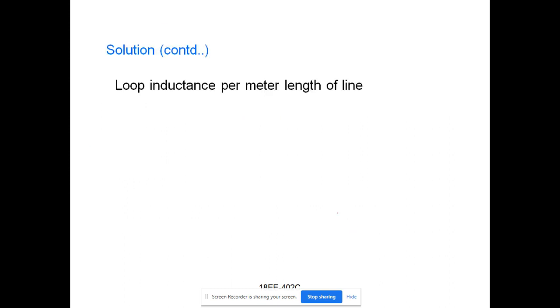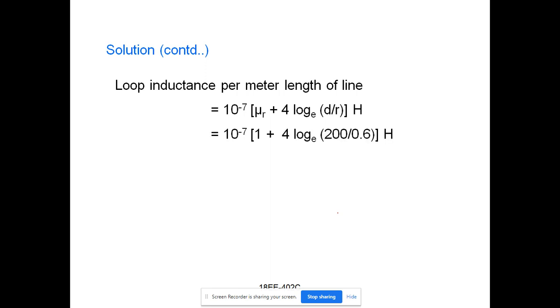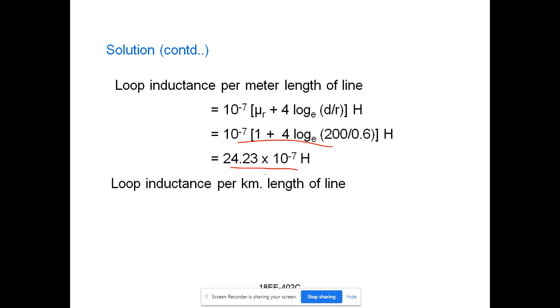We know the formula for loop inductance per meter length of line is 10 to the power of minus 7 into mu r plus 4 log e d by r. Substituting the data, we get 10 to the power of minus 7 into 1 plus 4 log e into 200 by 0.6. On solving this, we get 24.23 into 10 to the power of minus 7 henries.